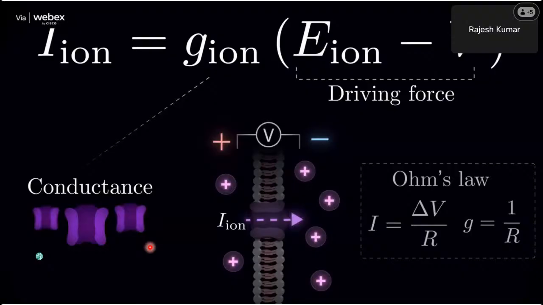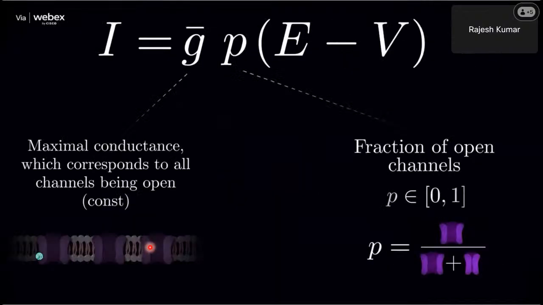But if 50 are open and 50 are closed, that means only 50% contribution is there. So they modeled it such that G is the maximum value of the conductance when everything is open, multiplied by a factor which is the fraction of the open gates. We call it a probability. What is the probability of gates being open? That is P.